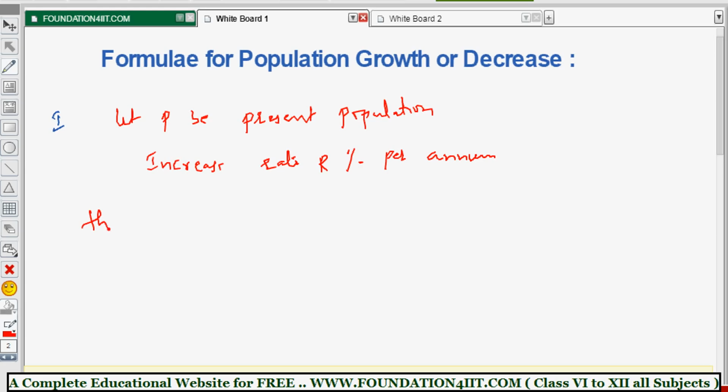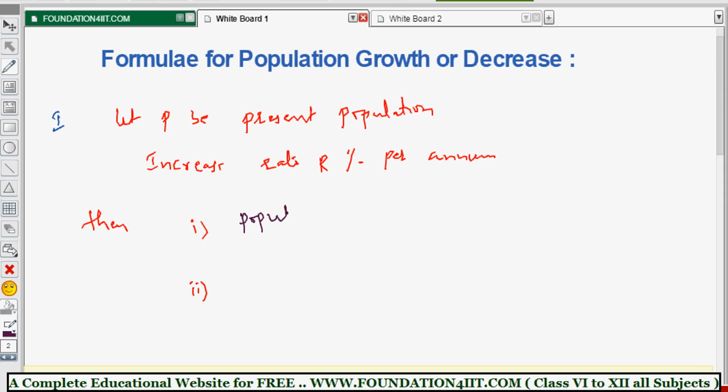Now, two formulas to write: population after n years and population n years ago. Let us see both. First one, population after n years. N is the number of years.